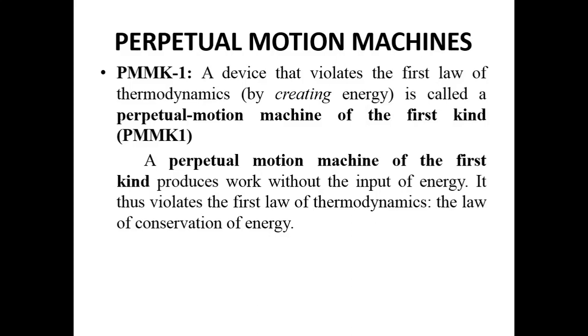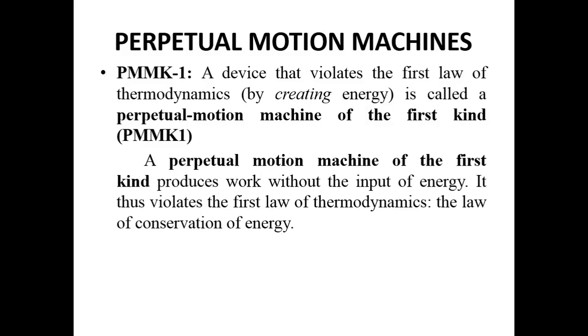It is a machine of the first kind, which produces work without the input of energy. It thus violates the first law of thermodynamics and the law of conservation of energy. That means without the input energy, it produces the output work. What does the law say? Whatever amount of heat energy is given to the system may be converted to work energy.